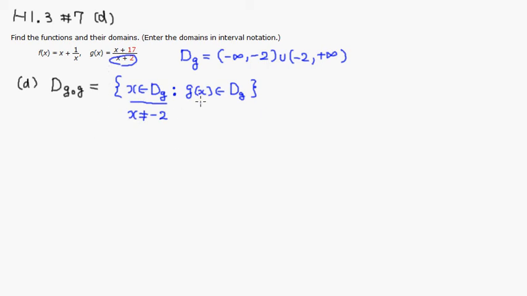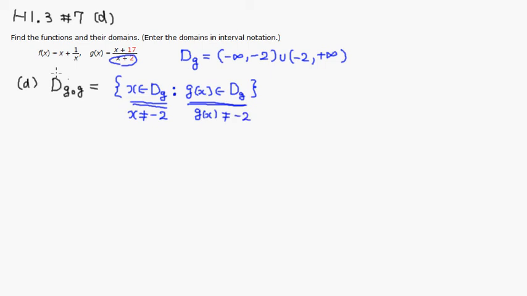But the second part is where we have to do a little bit of work: g of x. Let's put the double because it looks like a fraction. So this g of x cannot be equal to -2.